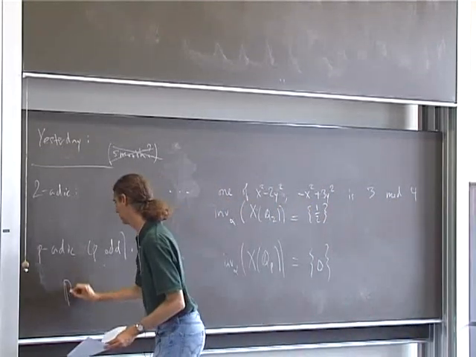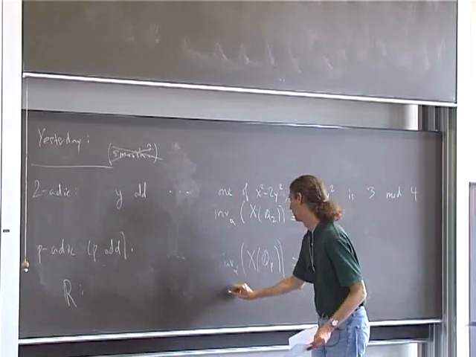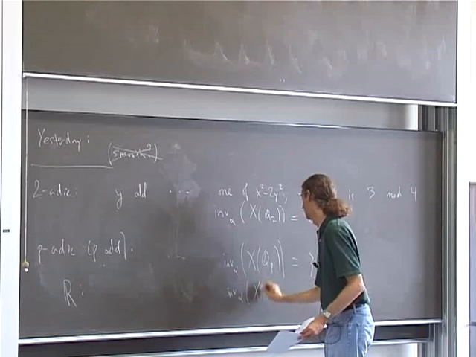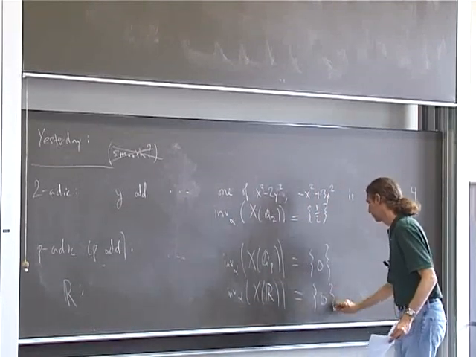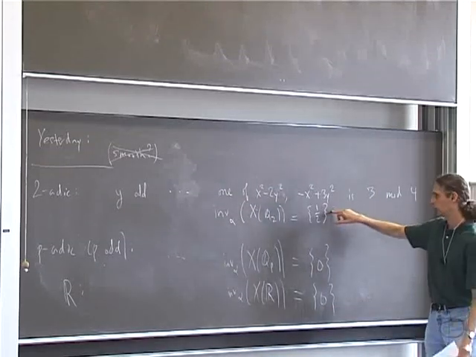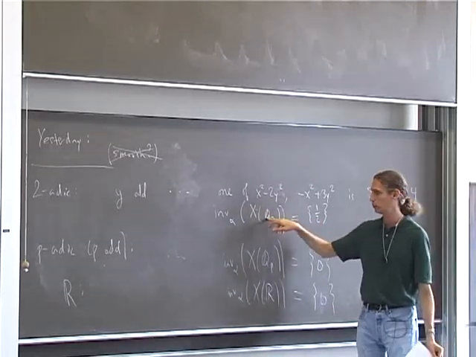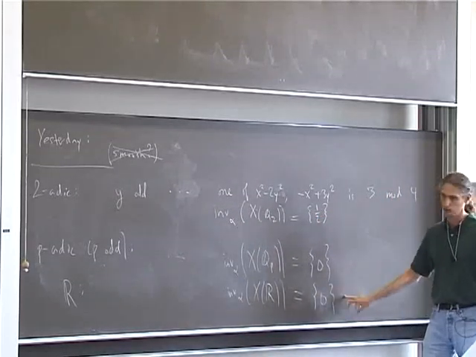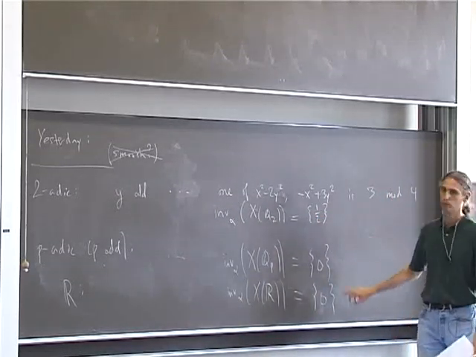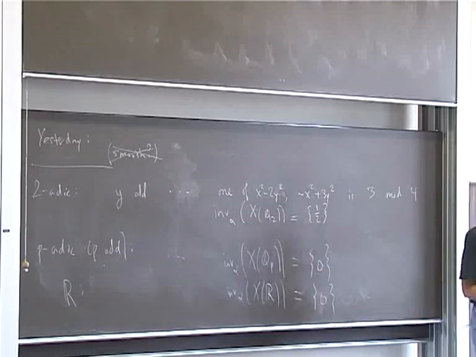So real, and then it's the same thing. The point is these don't vary. There are lots of 2-adic points, but they all have the same local invariant, and same thing here. So you always get 1/2 plus 0, and that's it.